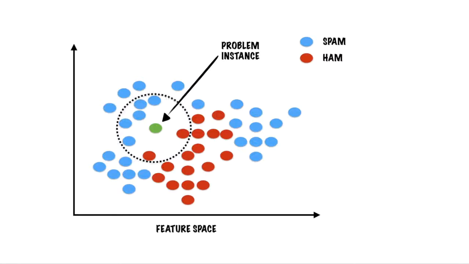The green point is the problem instance or the new email that has come in. Now, inside the circle are the k nearest neighbors of that point. Since most of these k nearest neighbors are blue or spam, we'll call our problem instance also a spam email. This is simply the k nearest neighbors algorithm.